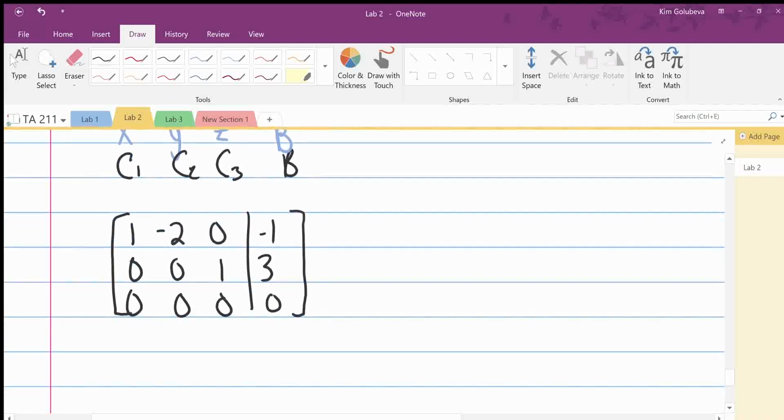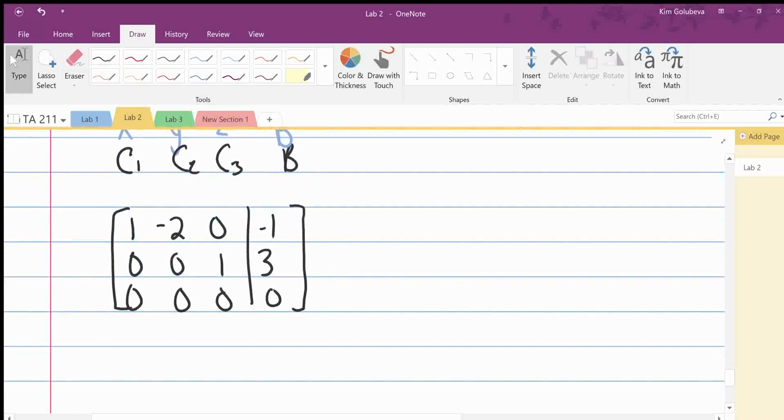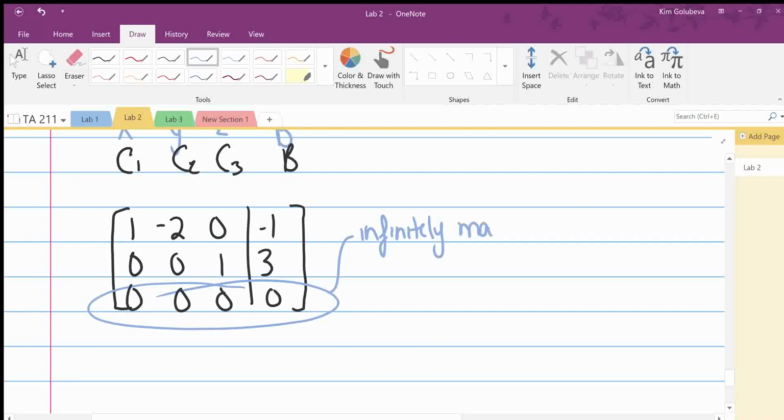And so what does this mean? We see that we have a row of zeros here. So we know already that there's going to be infinitely many solutions here. In other words, we're going to have a parameter, and our parameter in this case is y.